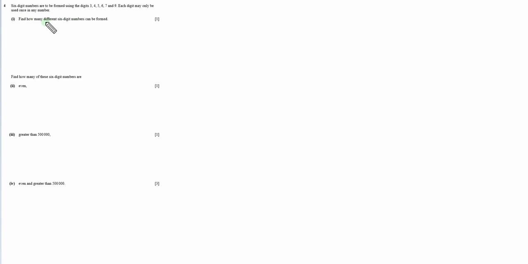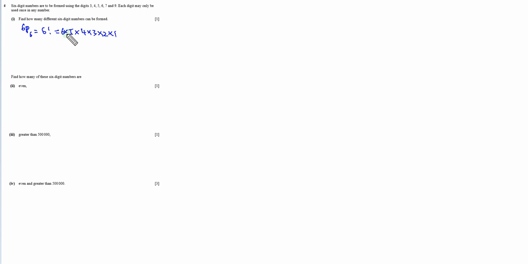Therefore, 6 out of 6, so it's actually 6P6. 6 out of 6 is equal to 6 factorial. It's actually 6 times 5 times 4 times 3 times 2 times 1.